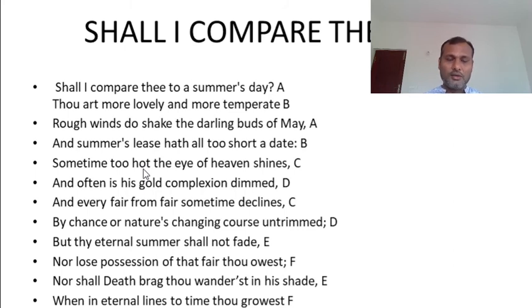"So long lives this, and this gives life to thee." Here "this" again refers to the eternal lines, which means poetry. We human beings are not permanent, but art is permanent. Something in the form of poetry will definitely live forever.